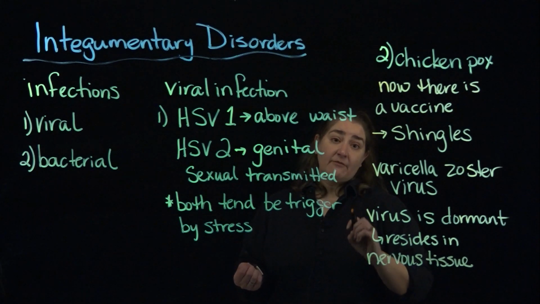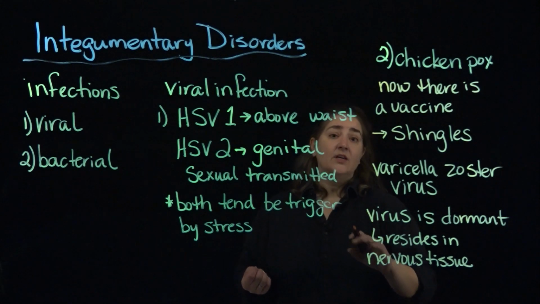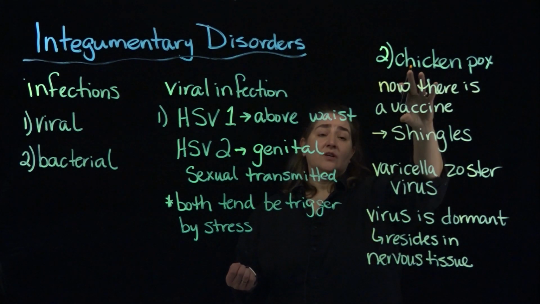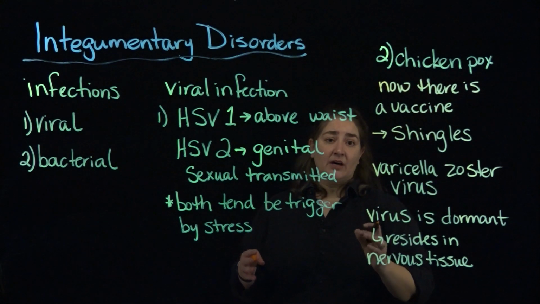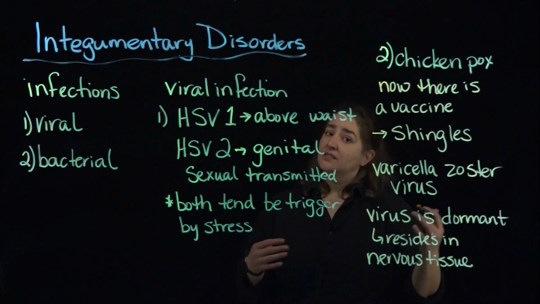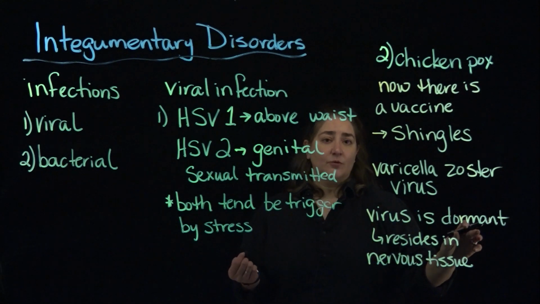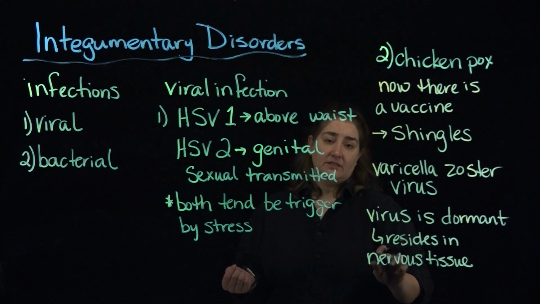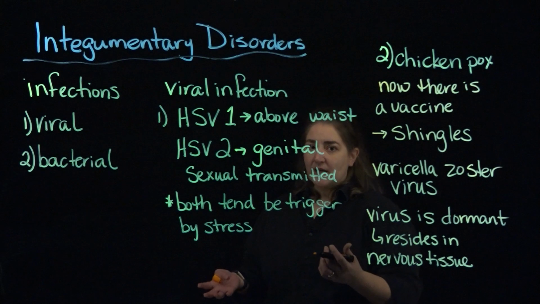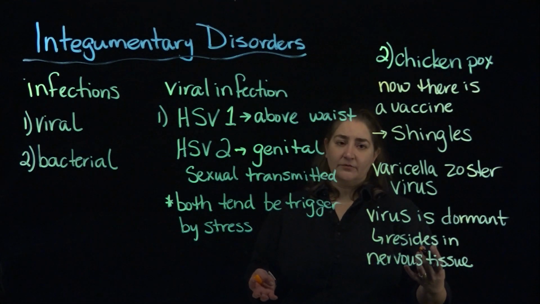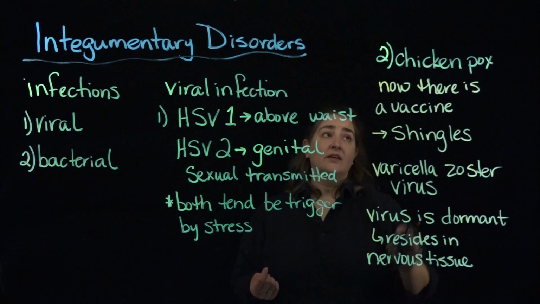So if that virus becomes reactivated later in life, okay, so essentially what you've got is the same virus that causes chickenpox. It goes latent in the body, meaning it's hidden, it's not expressed, it's not doing anything. But where it stays latent or dormant or hidden is in the nervous system. So when it reactivates because of stress or because of other environmental influences, it becomes really, really painful, okay?